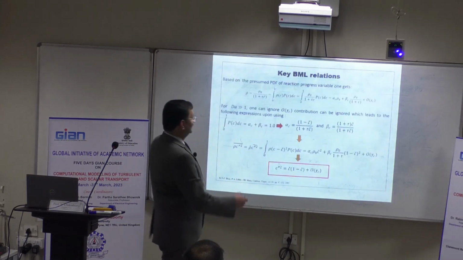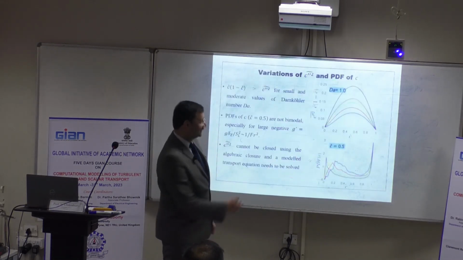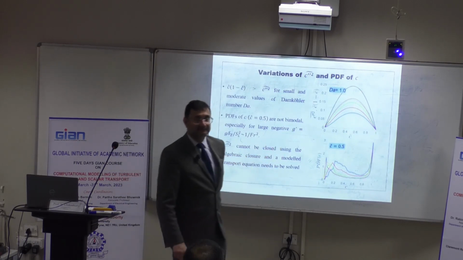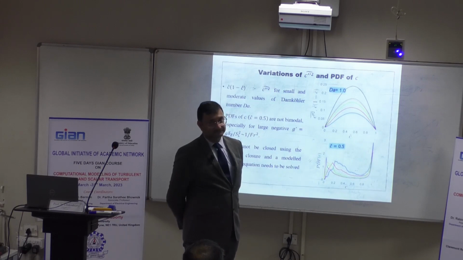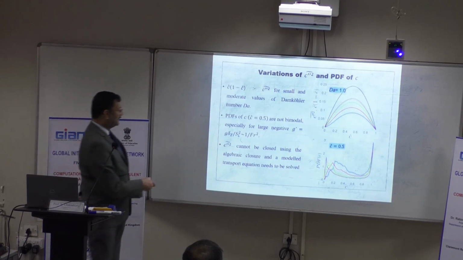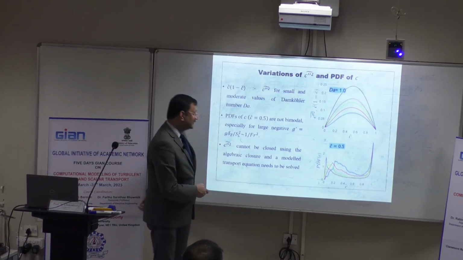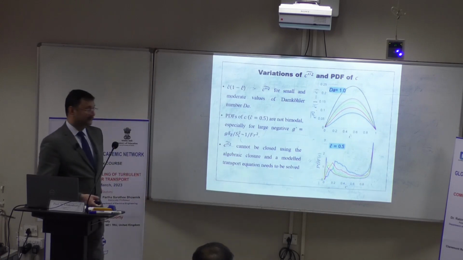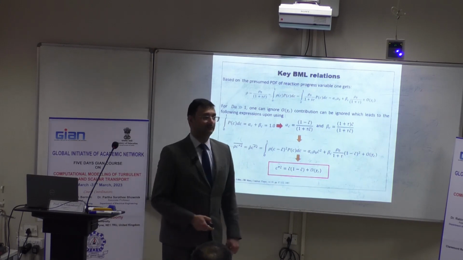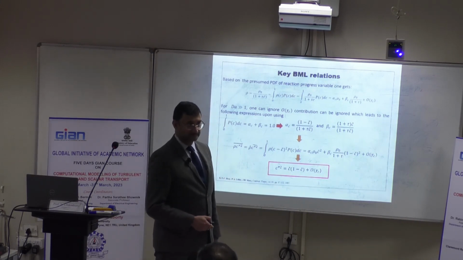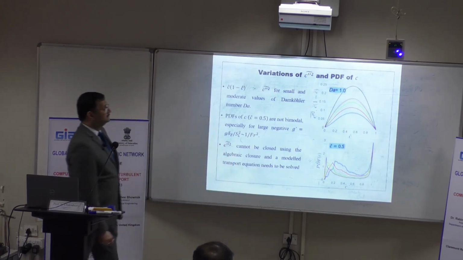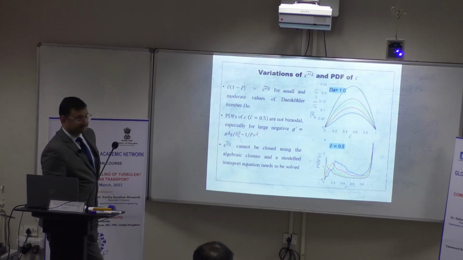That means this contribution plays an important role, and that's why we are seeing a departure of the variance from C tilde times 1 minus C tilde. As a result, very often this quantity variance cannot be closed using an algebraic closure. What I mean by algebraic closure is that this equal to this cannot be invoked for general conditions, because then you can incur significant errors, as you can see.